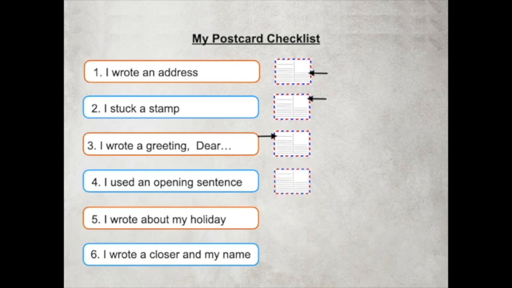Did you use an opening sentence? Something like, I am having so much fun on my holiday. And then write about the interesting things you have done and will be doing. Close your postcard by writing a closing statement, see you soon, or maybe wish you were here. And at the very end, from, and write your name.